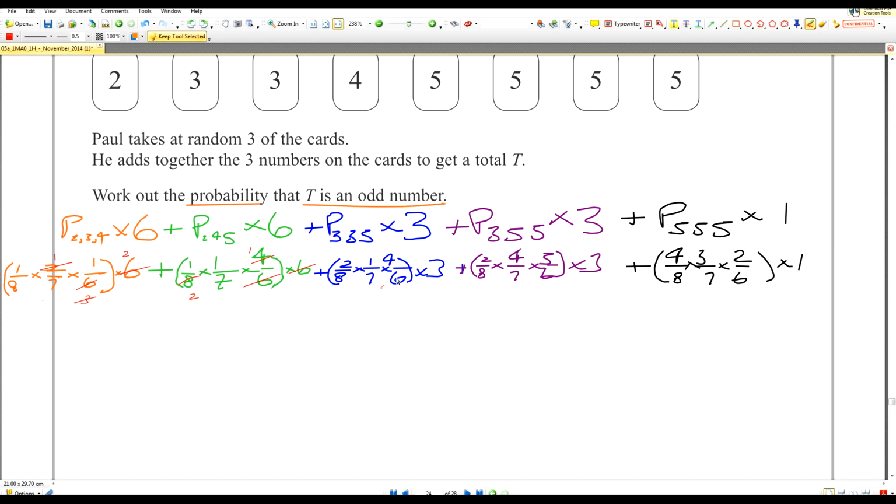Divide that by 3, divide that by 3, divide that by 2, divide that by 2, divide that by 4, divide that by 4. Okay, next one. Divide that by 3, divide that by 3, divide that by 2, divide that by 2, divide that by 4, divide that by 4.